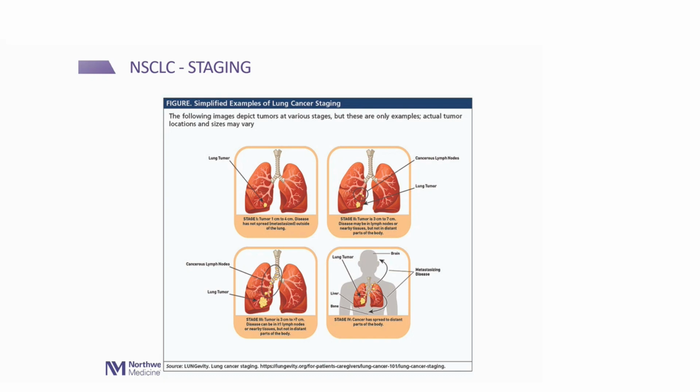Example of cancer here, the yellow dot. If it spreads to the lymph nodes here, then we call it a higher stage, stage 2. Now, if the same tumor moves from the lymph nodes in the lung to the lymph nodes in the middle of the chest, slightly farther away, then that would make it stage 3. It's a little farther away.